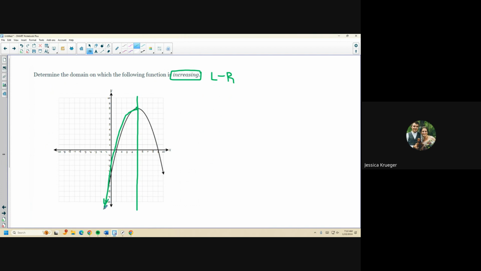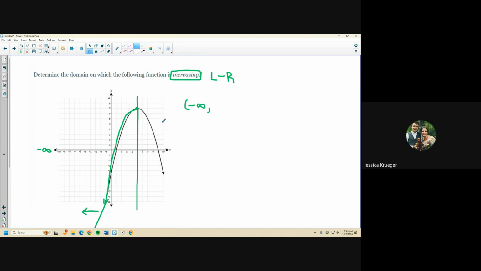Here's the tricky part. Because this graph keeps going down forever and ever to the left, it's going to start increasing over here at negative infinity.